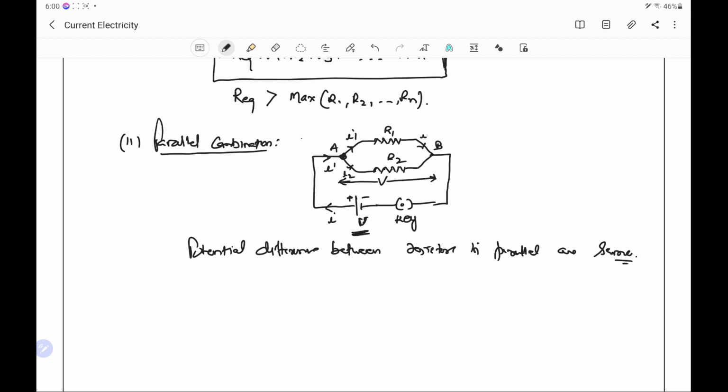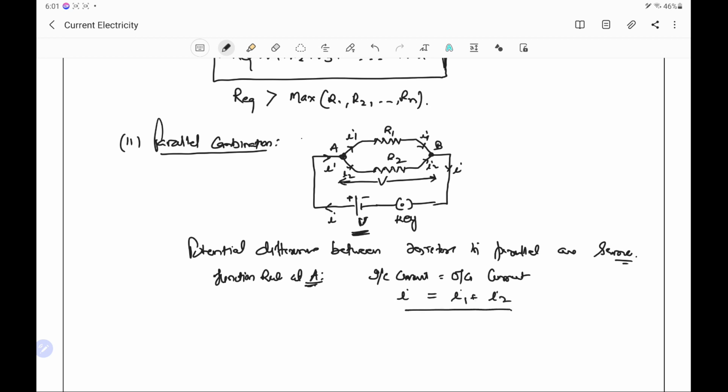These currents I1 and I2 reach junction B, meet and combine to give the final current I. So we apply the junction rule at A. A is the junction point. Incoming current is equal to outgoing current. Incoming current is I and outgoing current is I1 plus I2. So we can say I equals I1 plus I2.